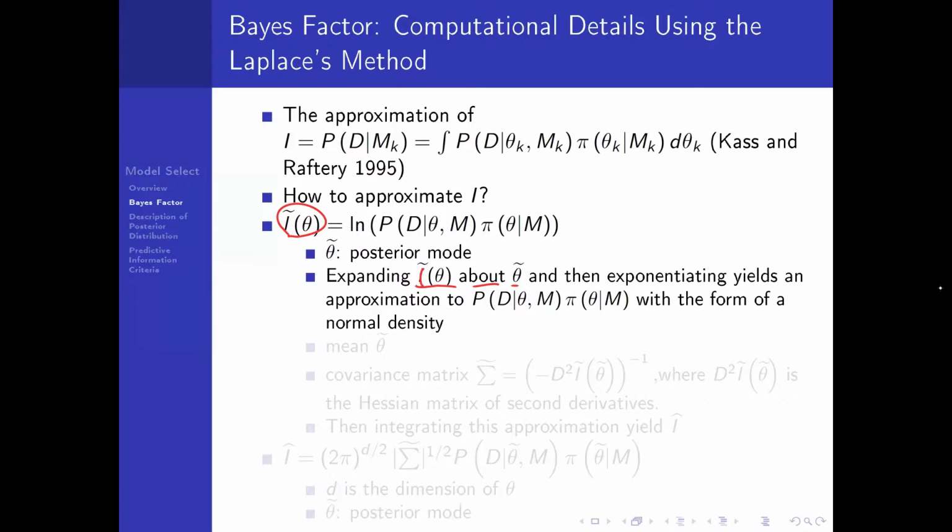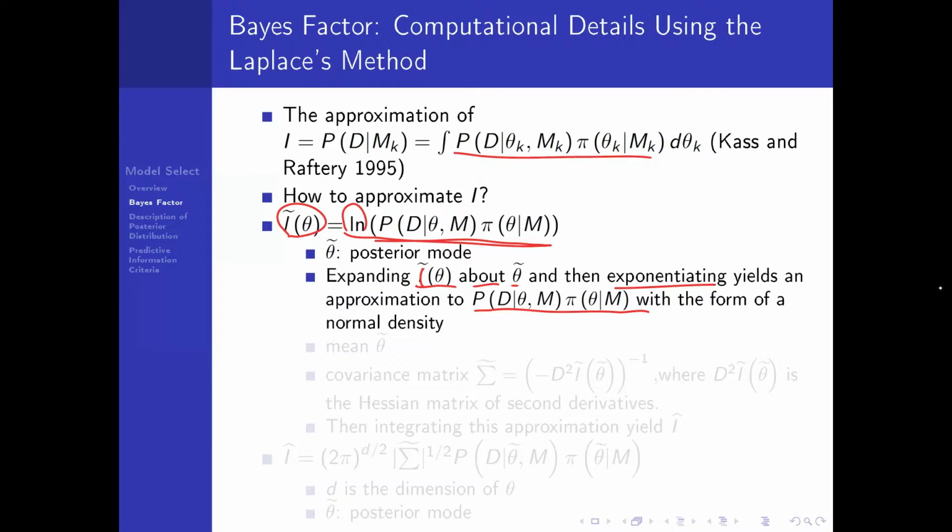And then we take the exponential of that, because we took a log. It's going to yield an approximation of this one, right? Because L tilde takes a log of these two terms.